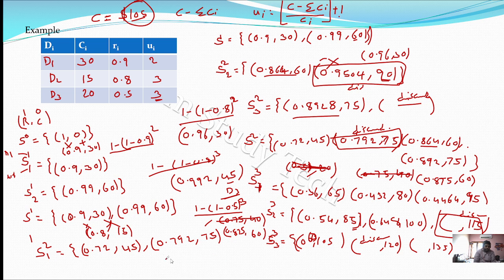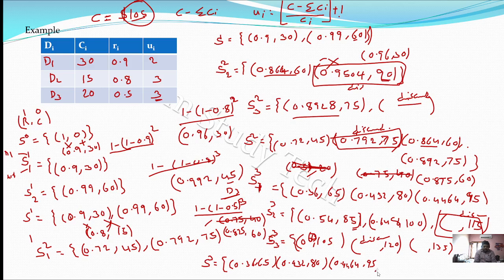So here merge this, S3 is 0.3665, 0.432 comma 80, 0.4464 comma 95.